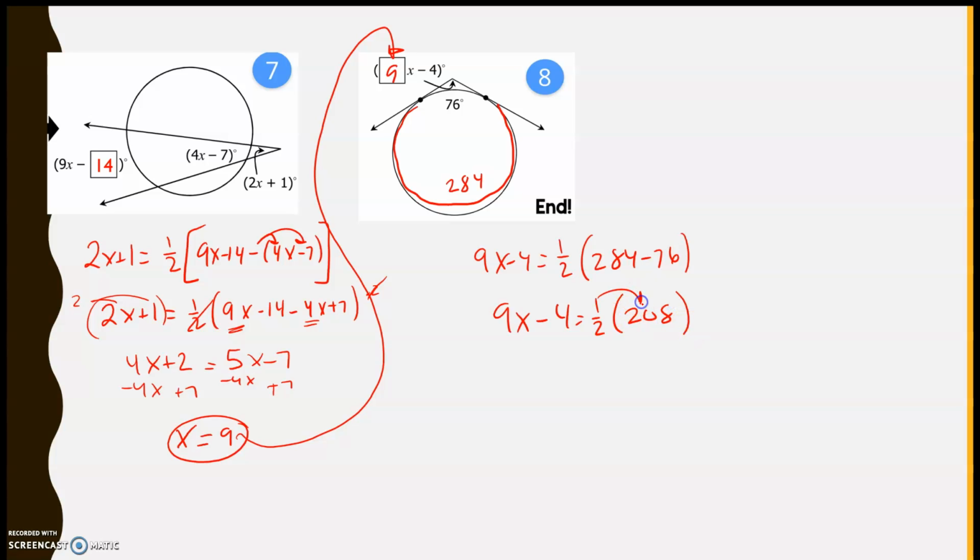We can take half of 208, so I'm going to get 9x minus 4 is equal to 104. Adding 4 to both sides, I get 9x is equal to 108, which means x is equal to 12. Again, you didn't have to solve this because there was nowhere for you to go. You just ended right there. But that's what you would put in for your number 8.